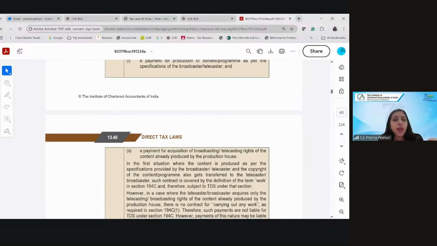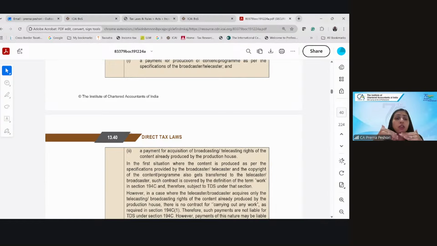In the first situation, where on the requirement of Jio Hotstar, Balaji Telefilms comes up with the content, and the copyright of the content gets transferred to Hotstar, then it is a contract of work, and 194C will be applicable.